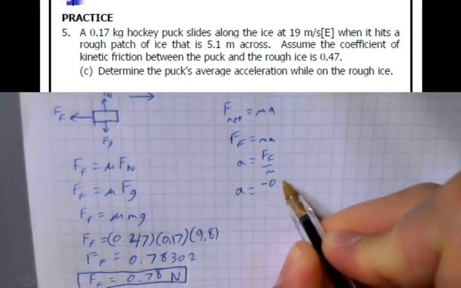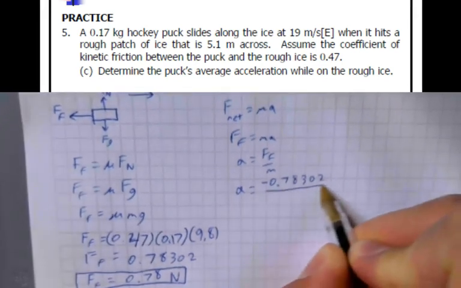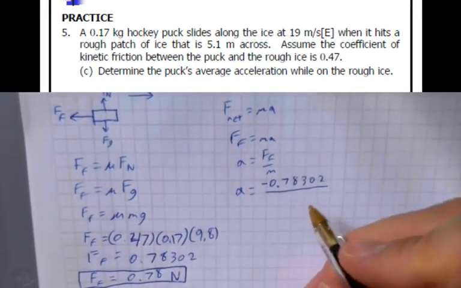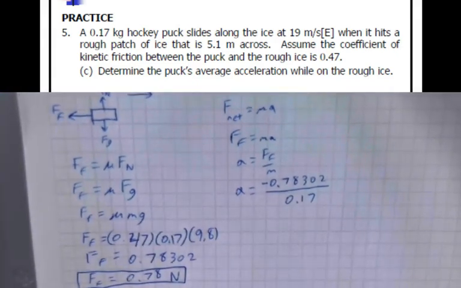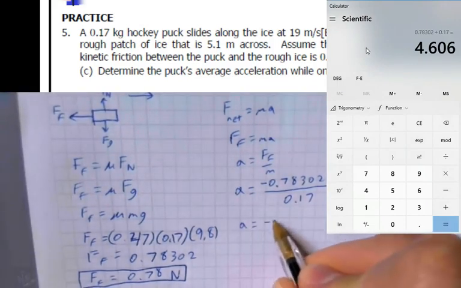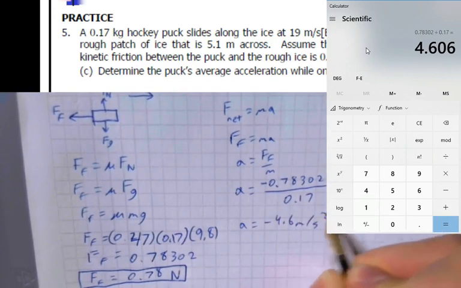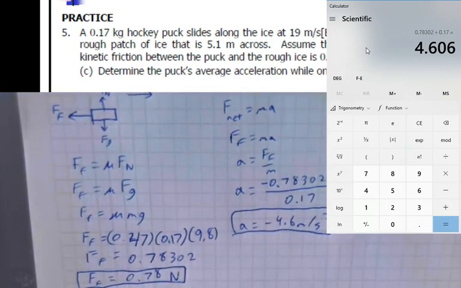So I'm going to write negative 0.78302. Since it's a terminating decimal, I'll write the full value, divided by 0.17. And when I use my calculator, I can divide this by 0.17, and I get 4.6. a equals negative 4.6 meters per second squared.